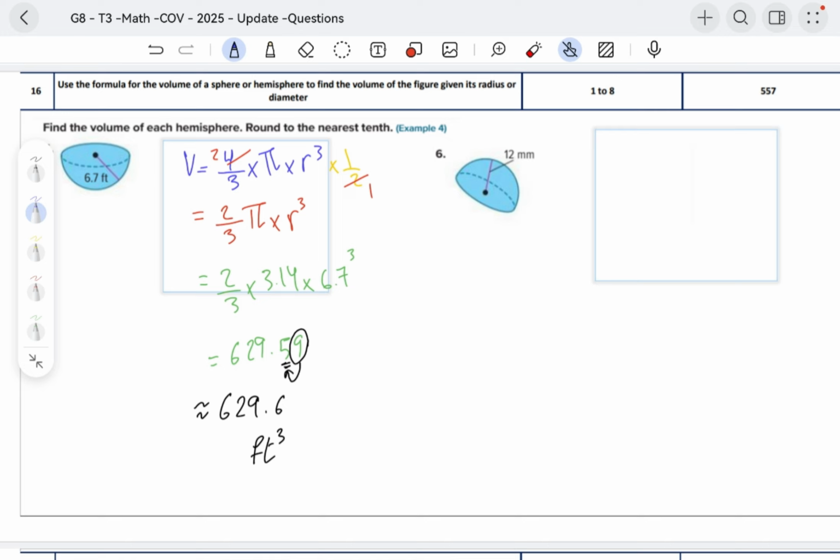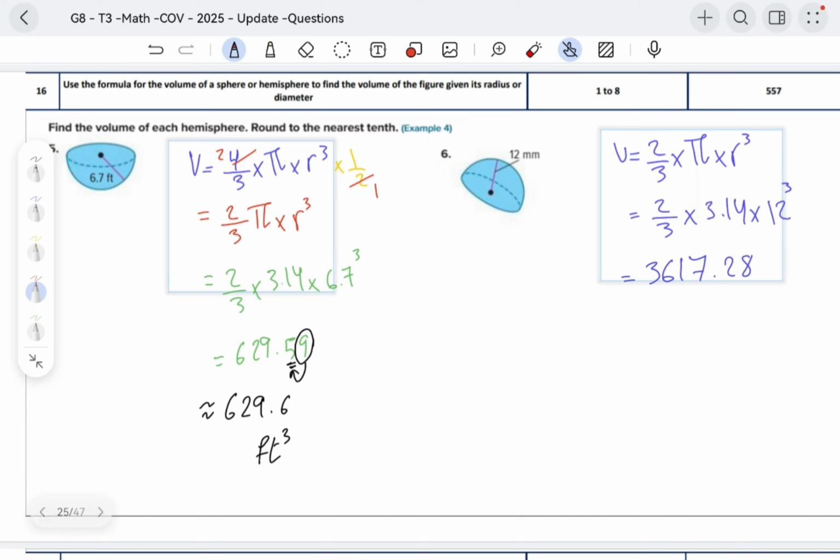Okay, let's go for the second equation. The volume is 2/3 pi times the radius cubed, and the radius here is 12, so it will be 2/3 times pi 3.14 times the radius cubed, and this is equal to 3617.28, and we can round it up.